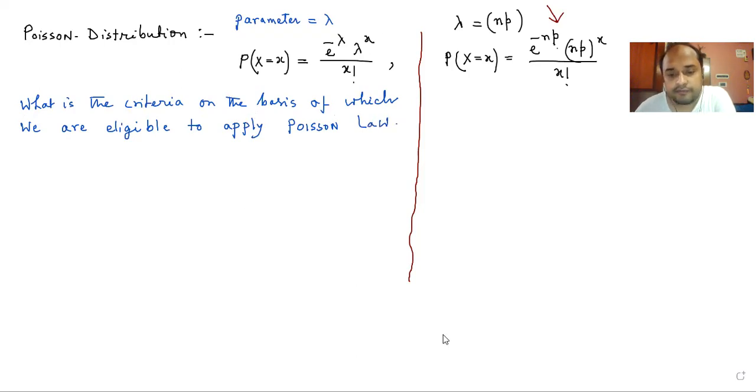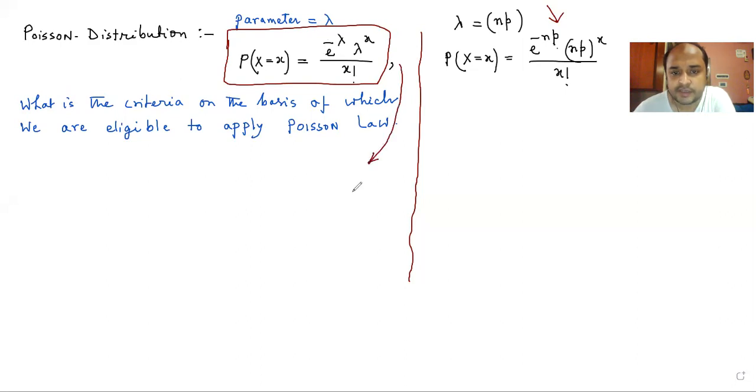The answer lies in something we probably missed yesterday, but I wrote it beside the formula: x takes the value 0, 1, 2, and it keeps on going.